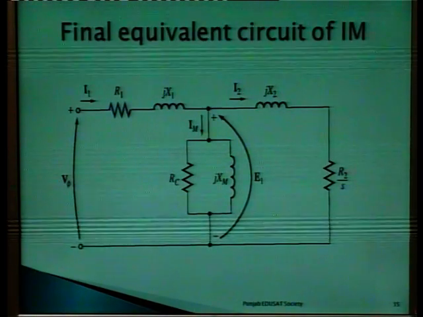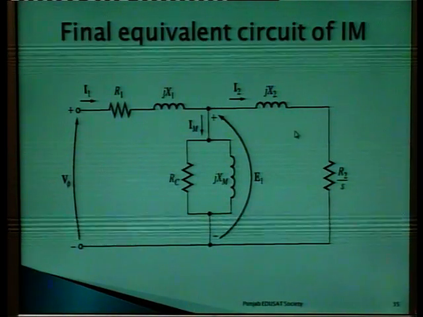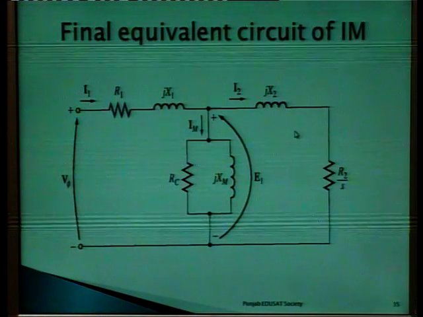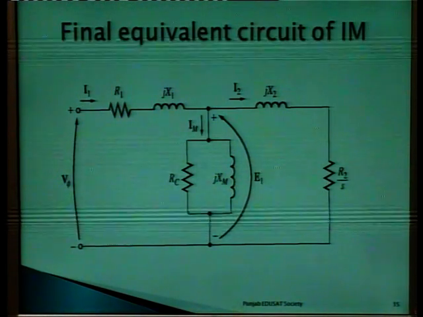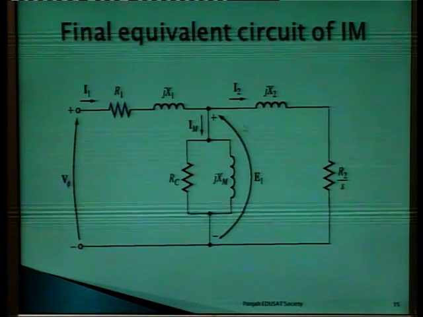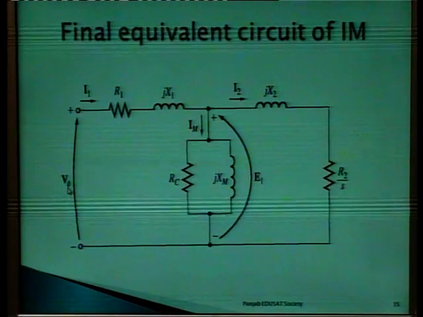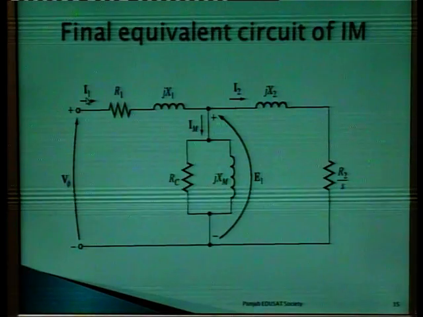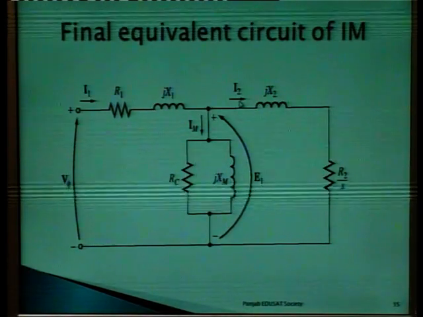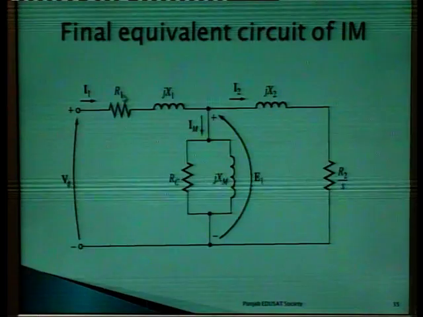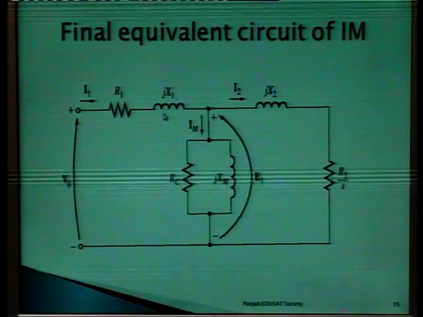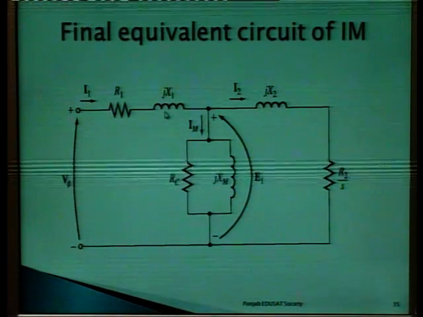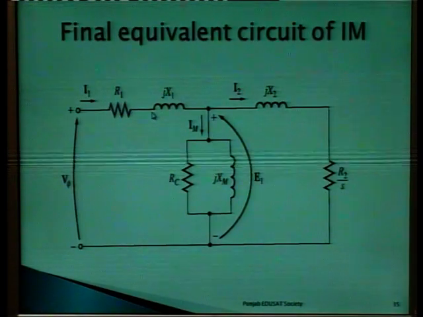It is the combination of both equivalent circuits, the circuit for the stator as well as the circuit for the rotor. This is the total voltage applied V, this is the current in the stator winding I1, this is the total current in the rotor I2, and R1 and jX1 are the resistance and reactance of the stator winding, or we can say the impedance of the stator winding.